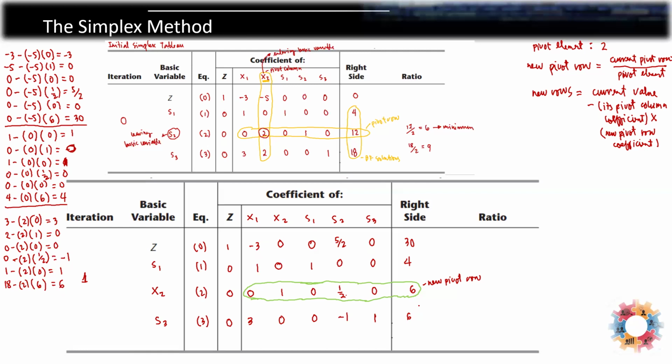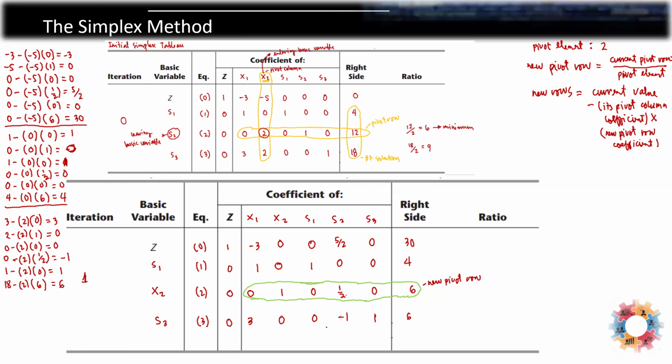Okay, so that's the simplex tableau in iteration 1. So what do we do next? The next thing you do is determine your entering non-basic variable. I mean the pivot column, the new pivot column.